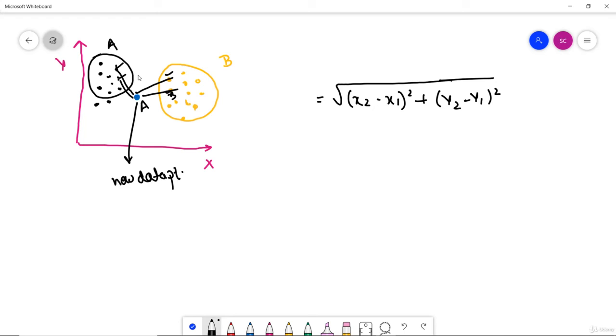And next we are going to see what the advantages and disadvantages of using KNN are. So firstly, let us come to the advantages. Among the advantages, it is simple to implement.